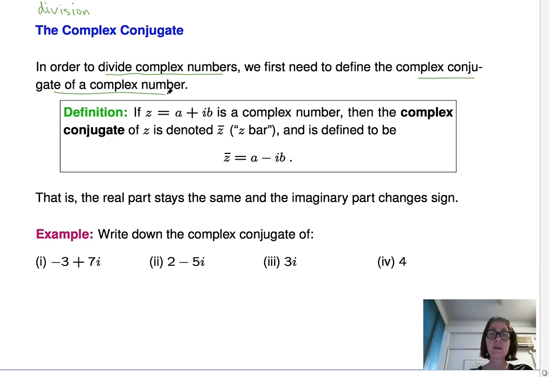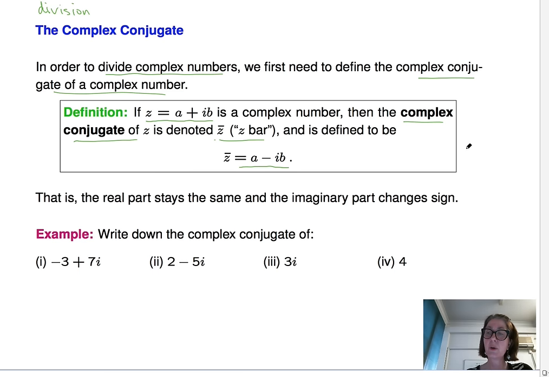So this is a pretty simple idea. If we've got an arbitrary complex number, z equals a plus ib, it's just any old complex number, then the complex conjugate of z, and we denote that by this z bar, so we just put a bar over the top of the z, is defined to be this number here, z bar equals a minus ib.